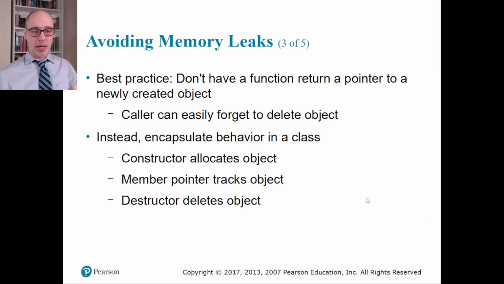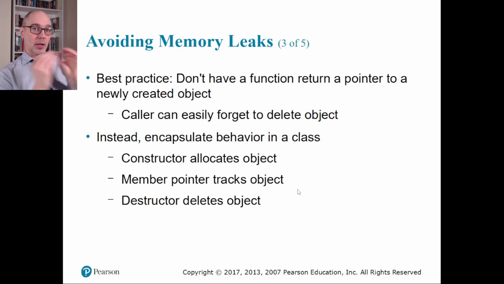So the better idea, and this is really why C++ exists, and this is exactly why these aspects of classes exist, is exactly to avoid this terrible problem with pointers and dynamic memory allocation. So the better idea is just have one class that's responsible for creating and removing the dynamic memory allocation. Your constructor should allocate the object with new.